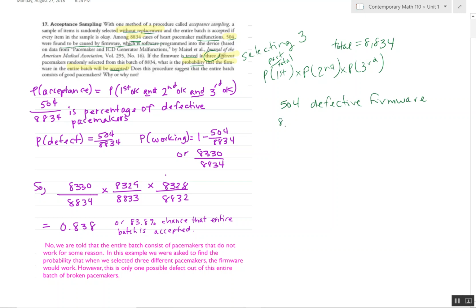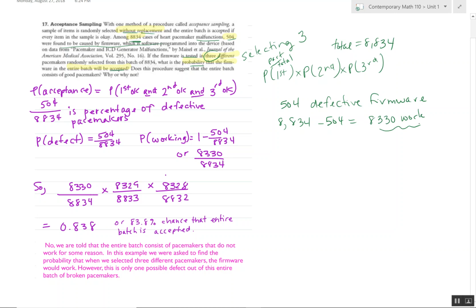So I need to subtract the 504 defective ones from the total pacemakers, 8,834 minus the number of defective ones, and then this will give me the opposite amount, which is the number that works. So this is 8,330 that aren't defective.